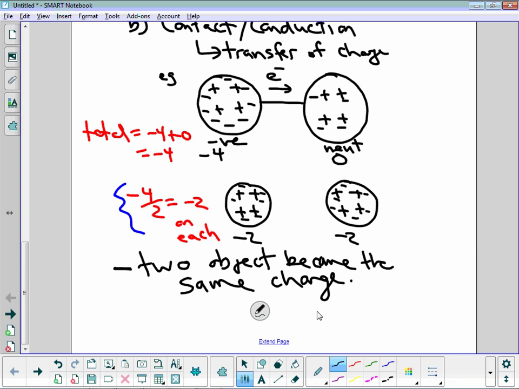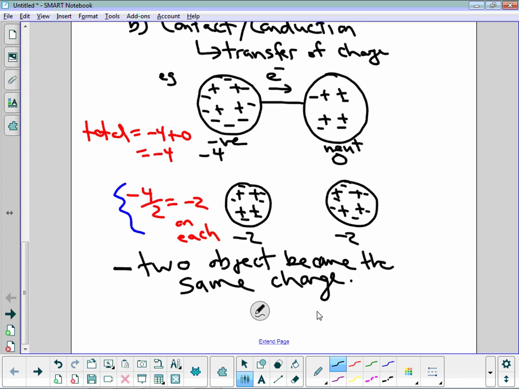If I had a negative, oh, that's interesting, we might end up with them, oh no, they'll still end up being the same. This is a good question. If I have a negative and a positive that are equal charge but opposite, what will the overall charge be after I touch them together?